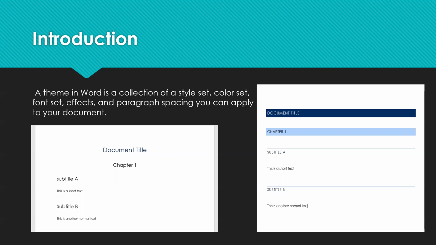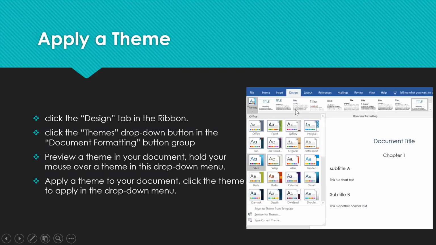A single theme will consist of a different set of colors, fonts, or effects. So every theme will have a different set of these colors, fonts, and parameters. Word has a variety of themes we can choose and apply to our documents.